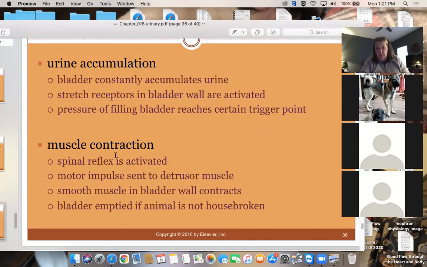Now, sometimes after surgery, the goal is, hopefully with surgery, we take out the disc material and the nerve injury gets better and they can start to urinate on their own.